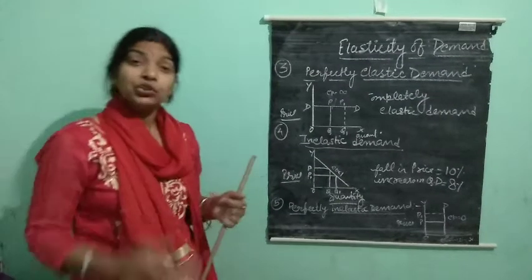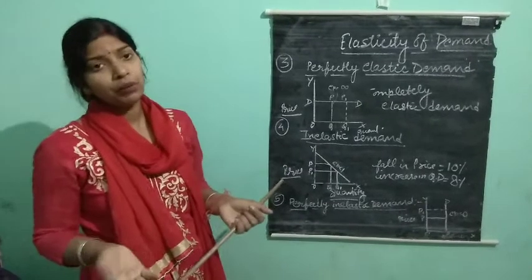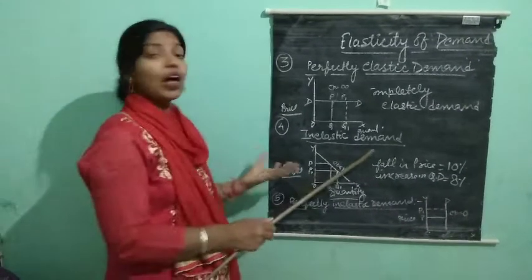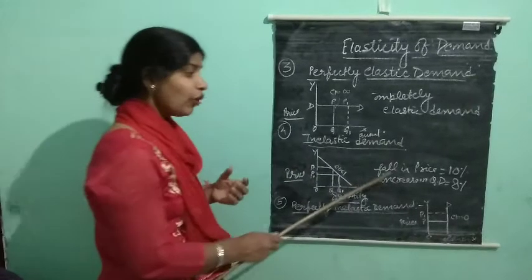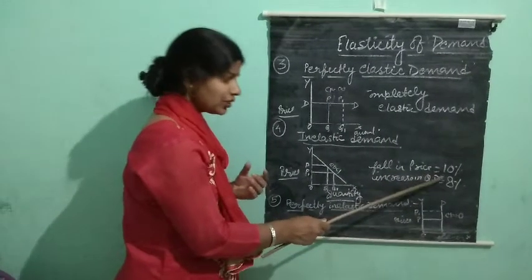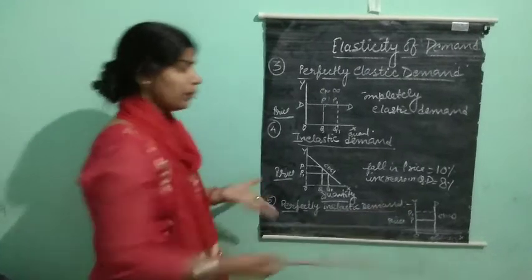It means change in price will be more and change in quantity demand will be less, because these are essential goods. For example, if price increases 10%, quantity demand will change 8%.